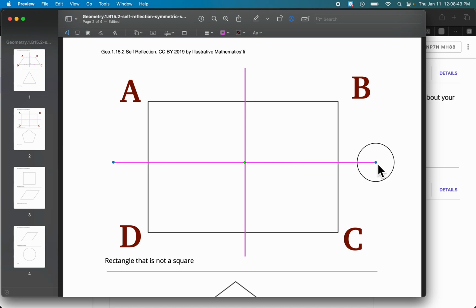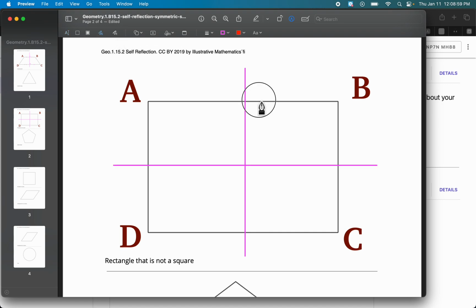And again, we should notice that this intersects the edge of our shape at a right angle. Okay? It intersects the edge of our shape at a right angle.